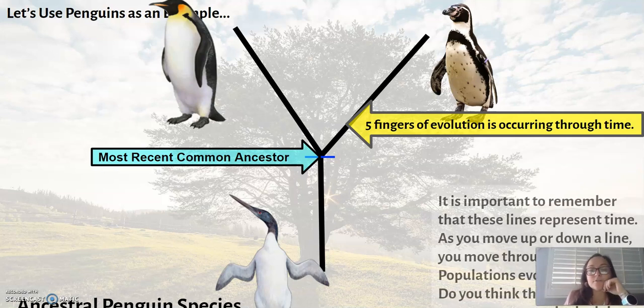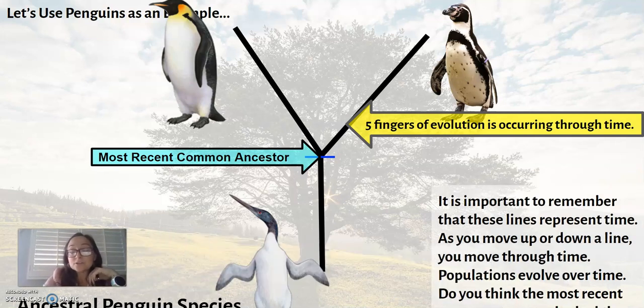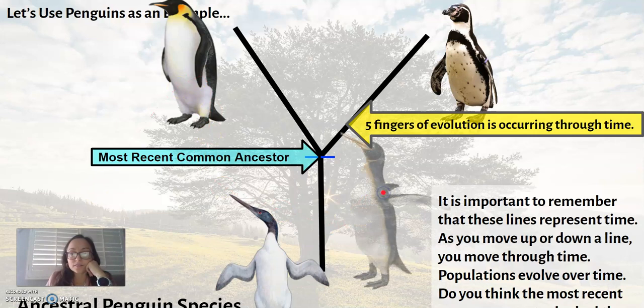I also want to point out that when we look at these species as you move through time, this penguin that I have right here maybe is what the common ancestor looked like at this point. So from this penguin with the long, long beak, way back, I don't know, however many hundreds or thousands or millions of years ago, I don't know the time scale for penguin evolution, but let's pretend right here is what it looked like.